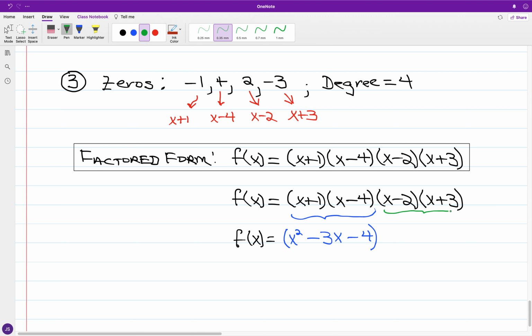And if I multiply the last two factors, this would be x squared, plus 3x minus 2x, so plus x, and -2 times 3, which is -6.